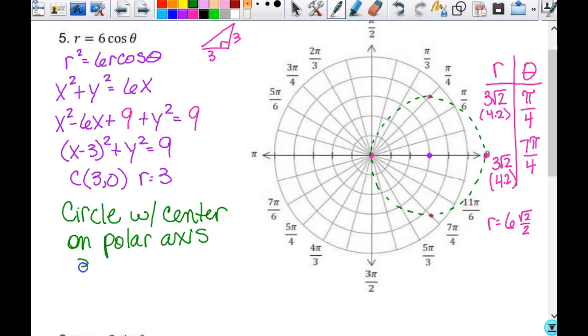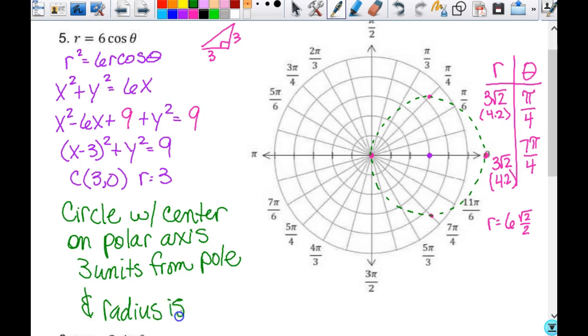So then it is 3 units from the pole, and the radius is 3.